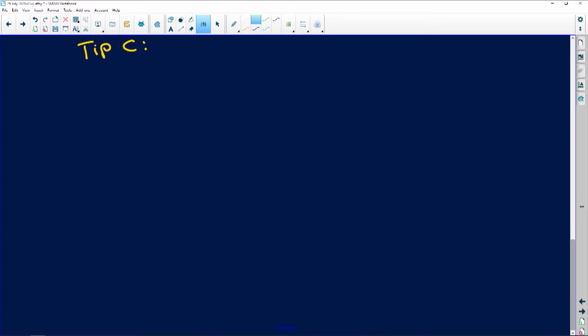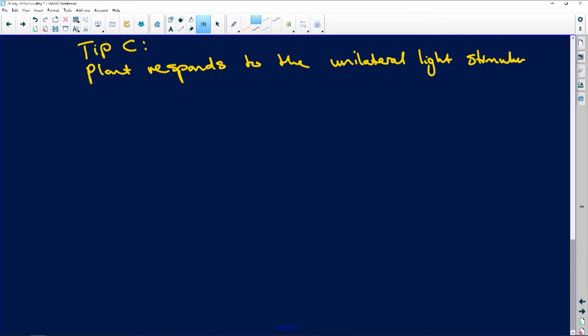The plant responds to the unilateral, remember, unilateral from one side, light stimulus. The auxins move to the shaded side.